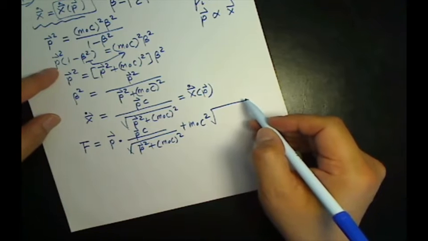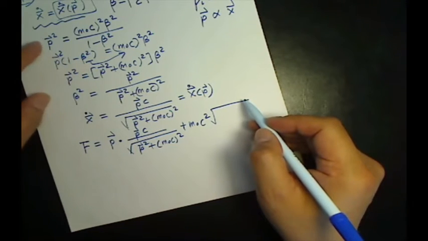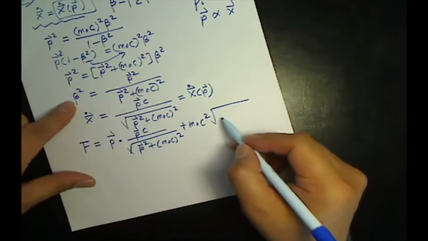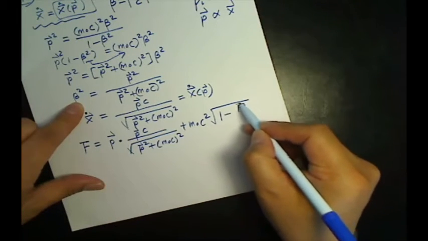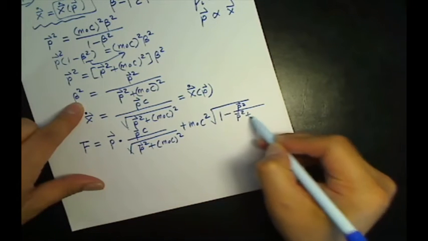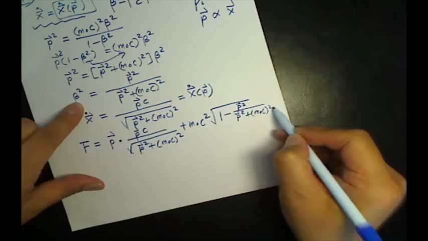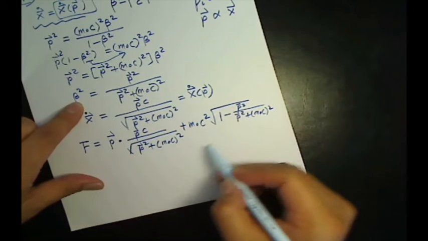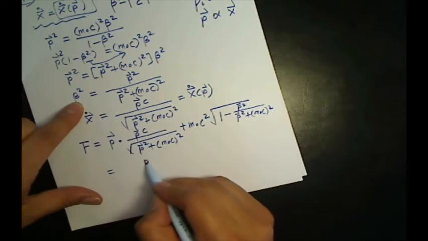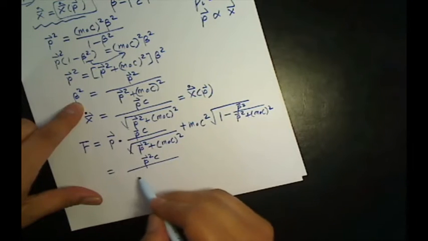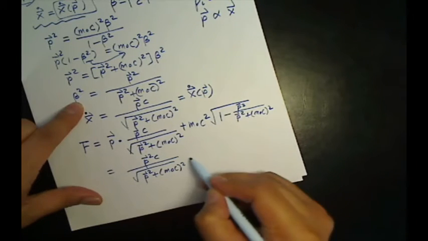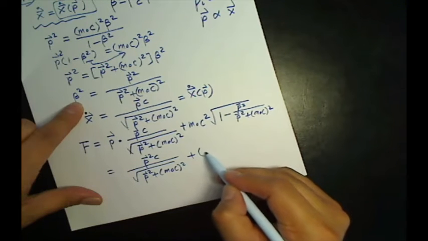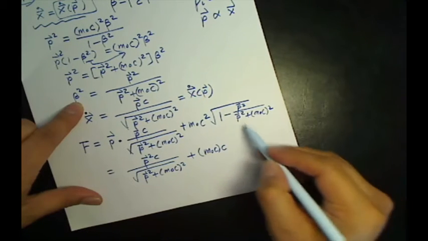Where is 1 minus beta squared? Here, 1 minus beta squared, which is 1 minus p squared over the same root. Combine these together, and this is p squared c over the root of p squared plus m0c squared, and this one is m0c squared.